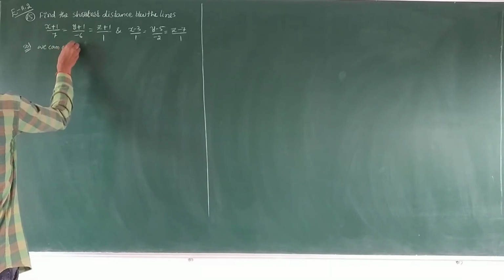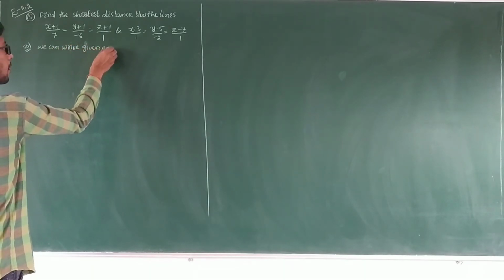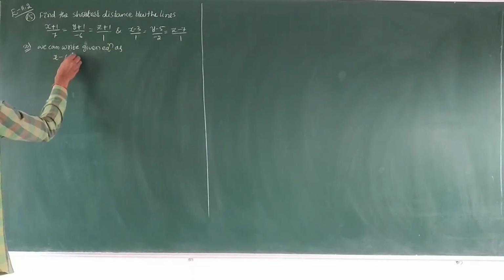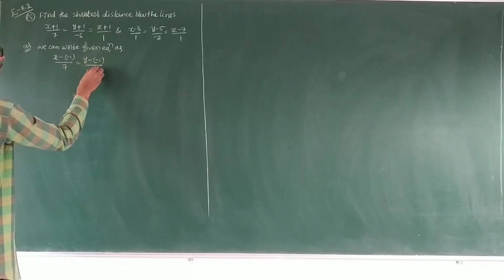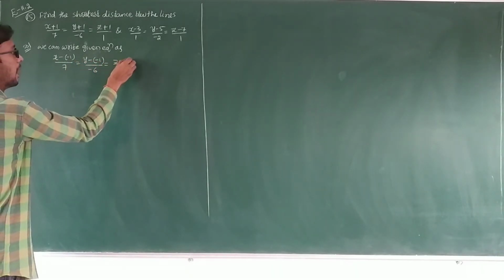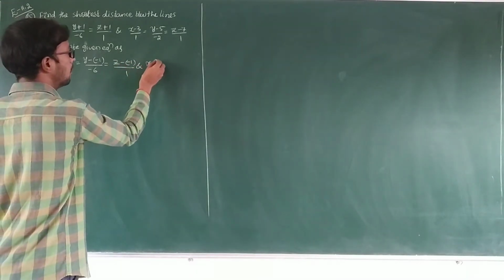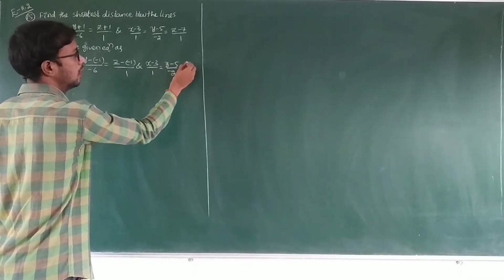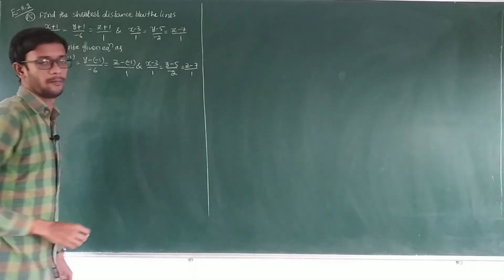So that's why we can write the given equations in standard form as x minus of minus 1 by 7, y minus of minus 1 by minus 6, z minus of minus 1 by 1, and x minus 3 by 1, y minus 5 by minus 2, z minus 7 by 1.